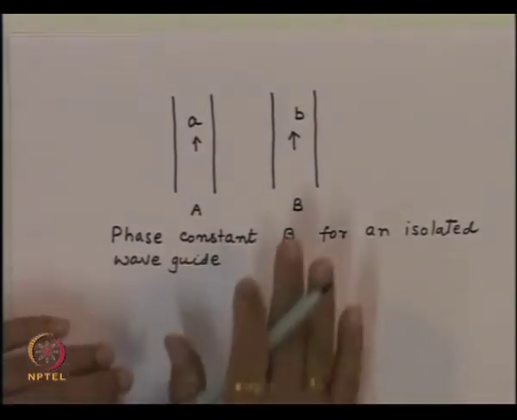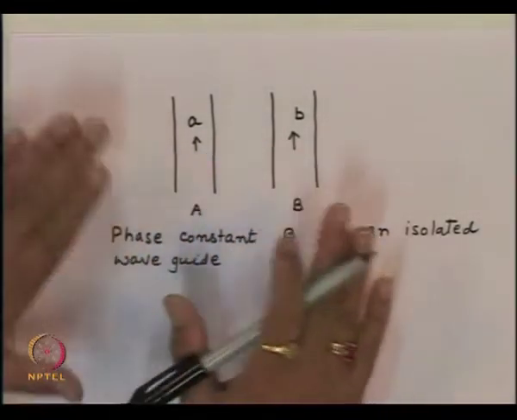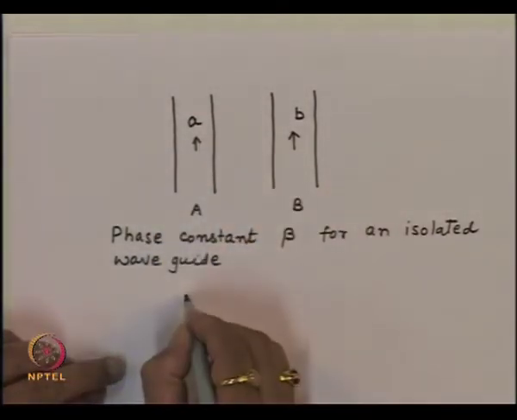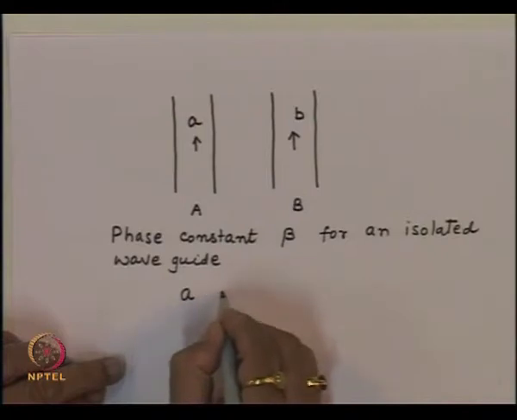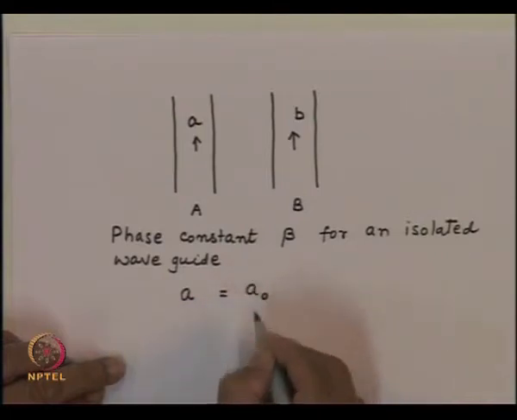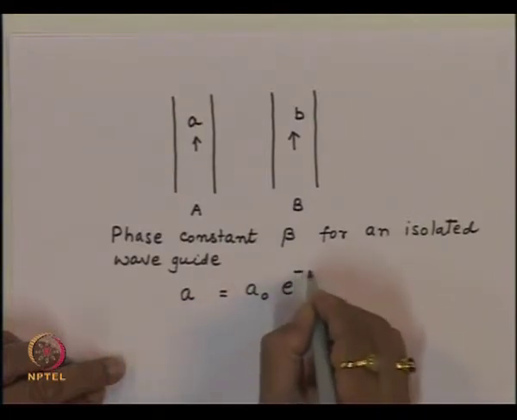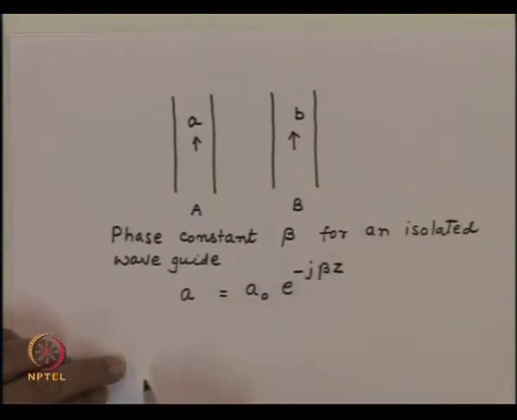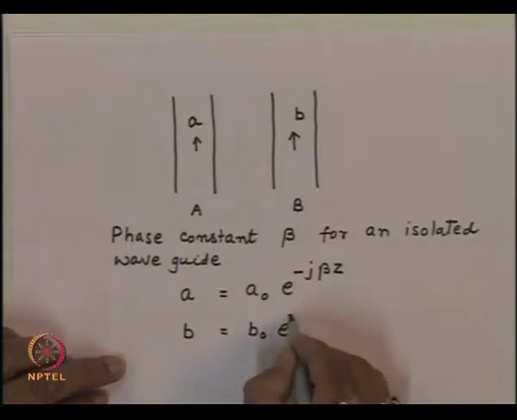So when the waveguides are not in the vicinity of each other, we can write these two, A and B. A will be some amplitude A0 e to the power minus j beta z, and B will be some quantity B0 e to the power minus j beta z.